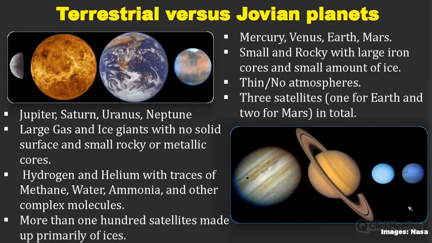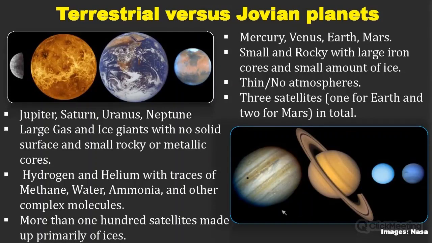But if we look at Jovian planets, they are significantly different from terrestrial planets, and much larger. This is Jupiter and Saturn. They are gas giants, and Uranus and Neptune are ice giants. Basically, these Jovian planets do not have a solid surface, but they might have small rocky metallic cores.